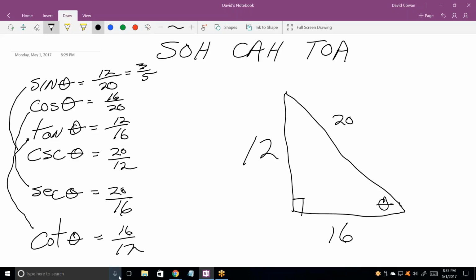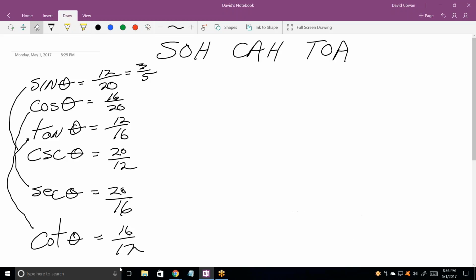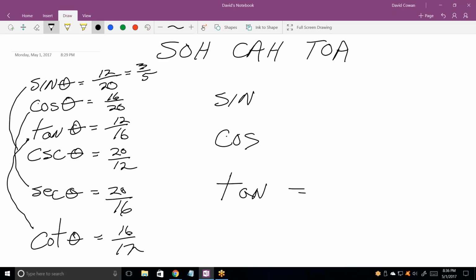So there are your answers. But before we go on, let me show you how to memorize these. I'm going to erase this triangle over here. It's a real easy way to memorize the reciprocal relationships. Here are your three primary ones, right? What's the reciprocal of tangent? Cotangent.